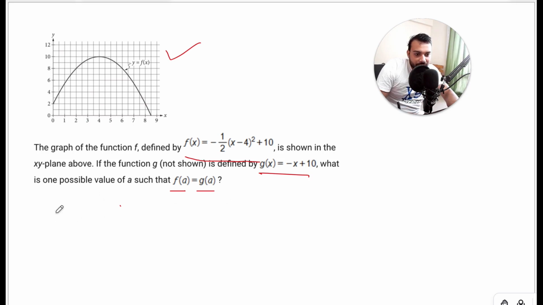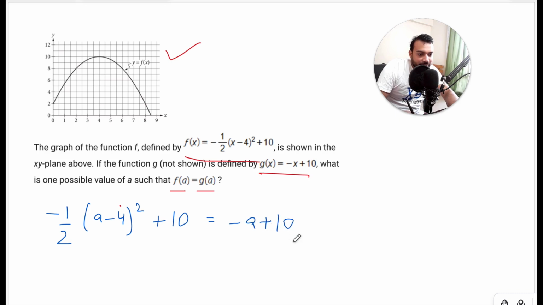So negative half a minus 4 squared, since a is the value of x, which is a solution to both, is equal to negative a plus 10. Now subtract 10 from both sides, and then we're left with negative half a minus 4 squared is equal to negative a.